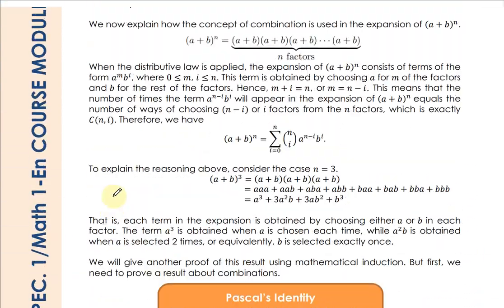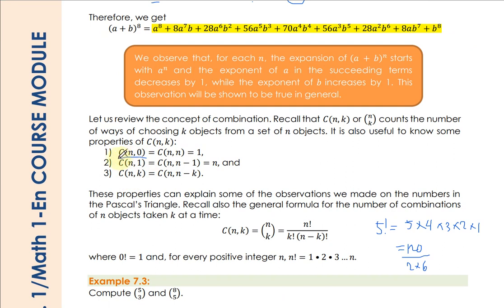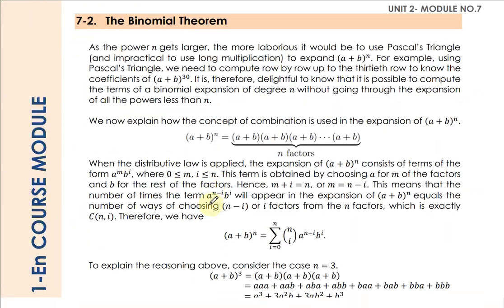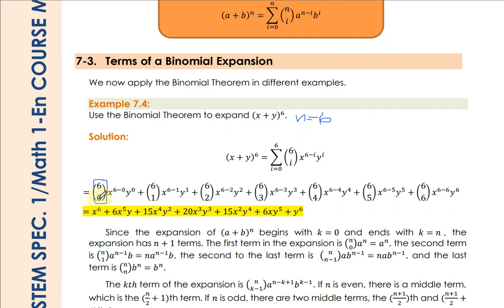This is the first property of combination, n combination 0, so that is equal to 1. The next property is n combination 1, and that is equal to n. Just remember that. So again, 6 combination 0 is equal to 1. That's why our coefficient here is equal to 1.